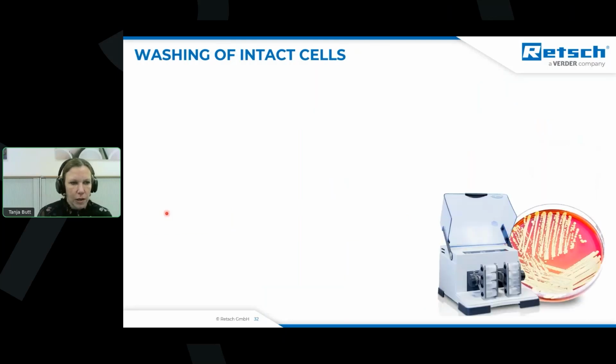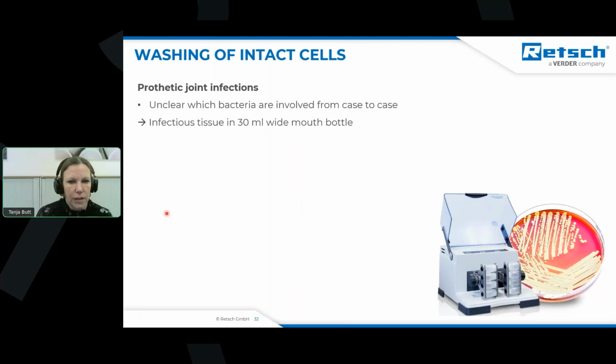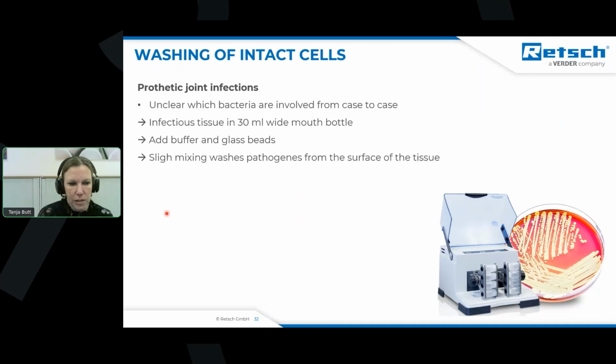And one last aspect for biological cells is washing of intact cells in order to see what is involved, for example, which bacteria are involved in an infection. So you take a little bit of the biopsy material from this person and put it into a wide mouth bottle, add buffer and glass beads, and then mix it slightly, not fully, in order to wash the bacteria off the material.